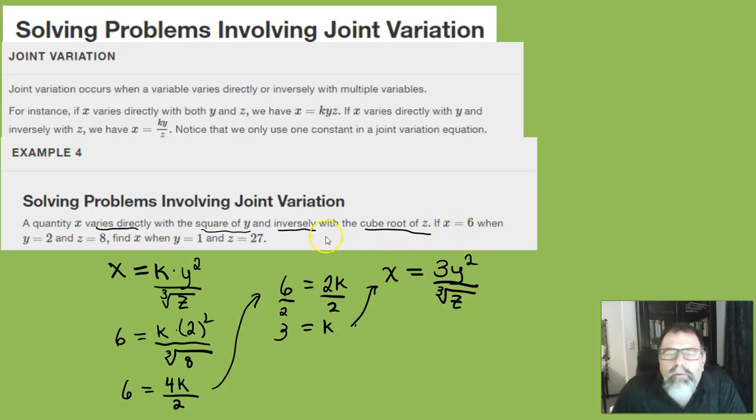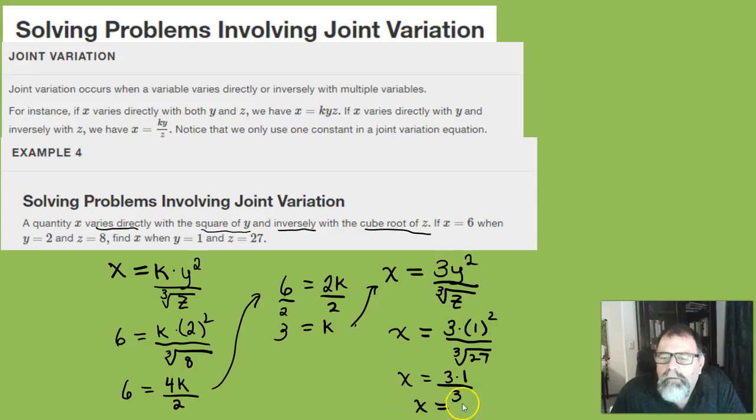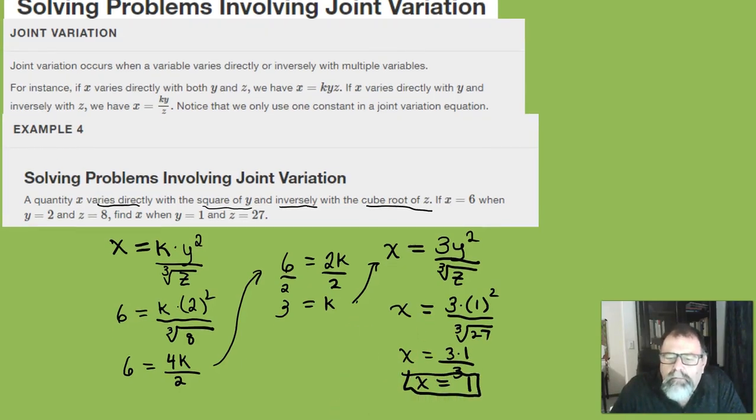What's x when y is 1 and z is 27? The cube root of 27 is 3. 1 squared is 1. 3 divided by 3 equals 1. Okay, so you get 1.